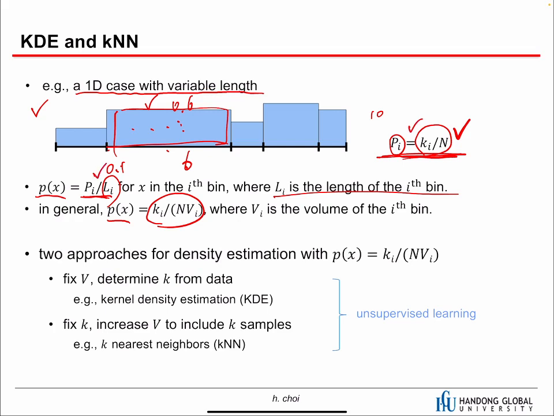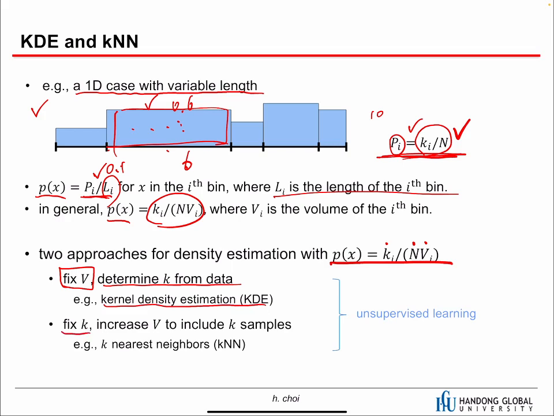Now, there are two approaches for density estimation with this equation. As I said, n is usually fixed, so we can control k sub i or v sub i. The first one: fix V, and determine the k from data. We can check how many samples are in the bin. That is the kernel density estimation approach.